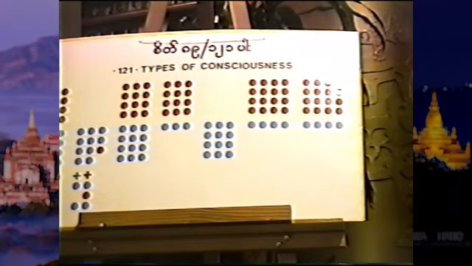So the first one takes what as object? Infinite space, right? And the second takes first consciousness as object. Third takes absence of first consciousness as object. And the fourth takes the third Arupa Vajra consciousness as object, right?